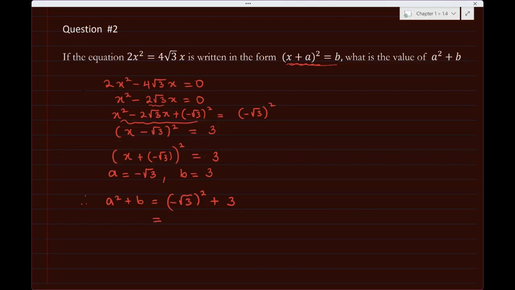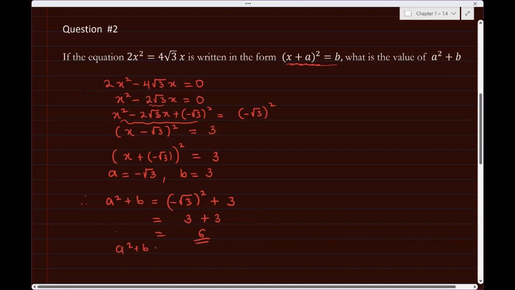And this will just give us 3 plus 3, and this is 6. So we're done. A squared plus B equals 6.